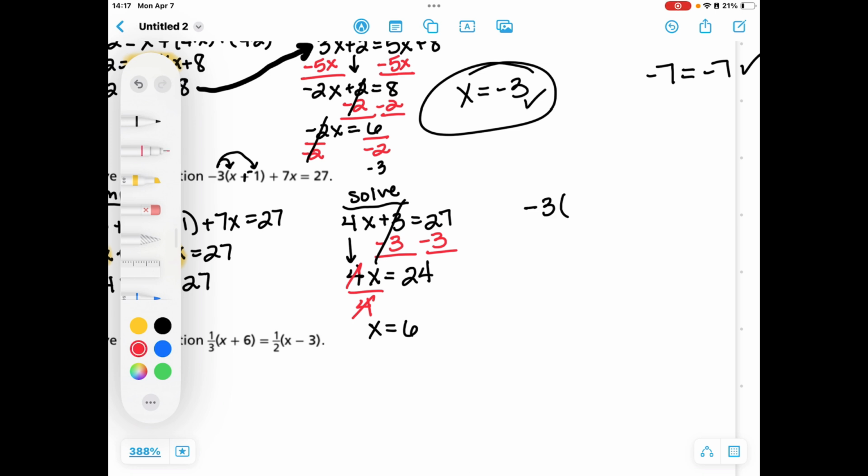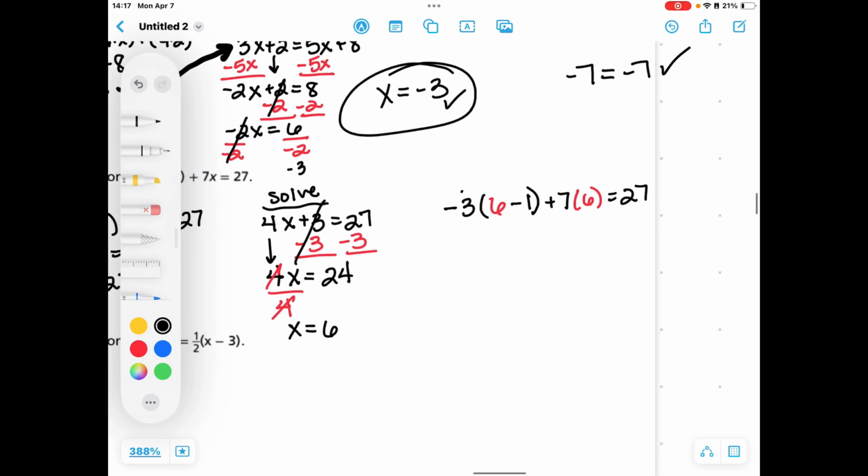-3 times 6 minus 1 plus 7 times 6 equals 27. That should help us out. That should make life a little bit easier. With checking, you're still going to distribute.